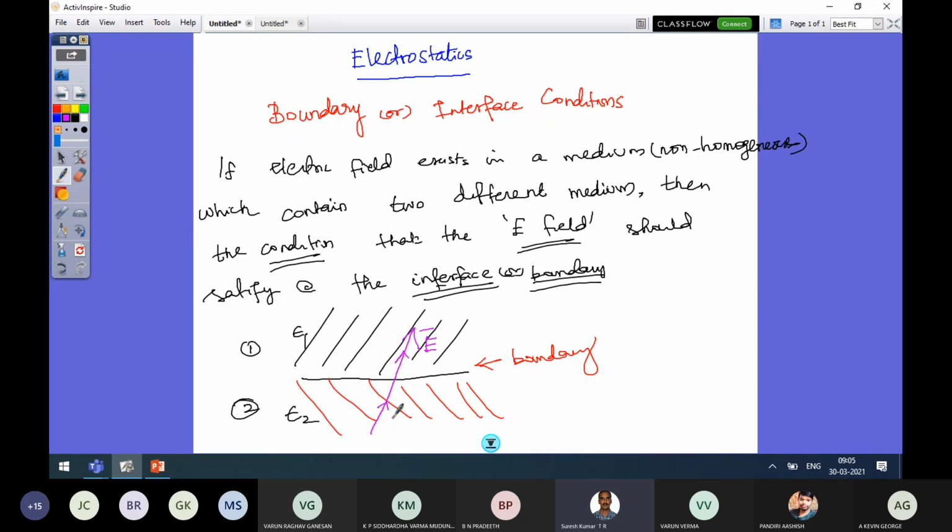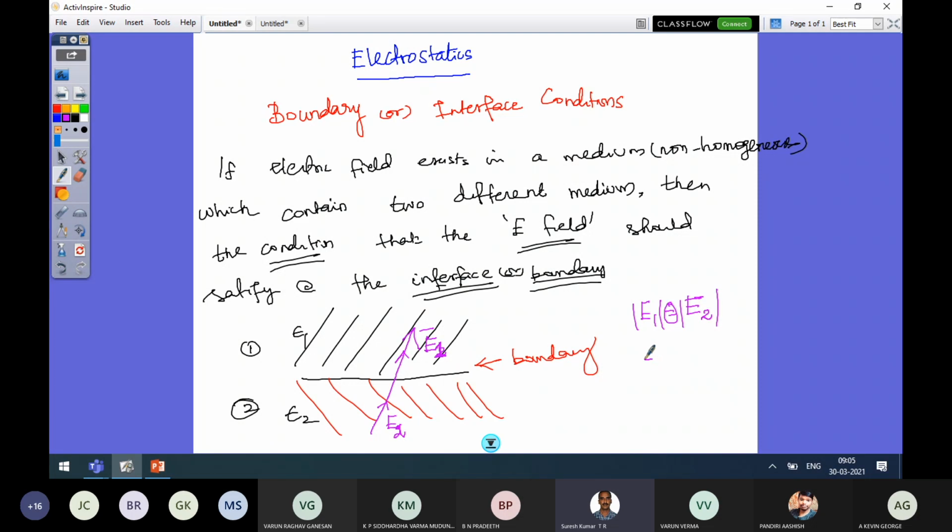Now a few questions. In medium 1, let us say this is electric field 1, and in medium 2 it is electric field 2. The bottom side is medium 2, and the upper side, let's consider medium 1. Now the questions are: what will be the magnitude relationship? Whether the electric field in medium 2 and the electric field in medium 1 are equal in magnitude, we don't know, and this is the relationship we are going to establish.